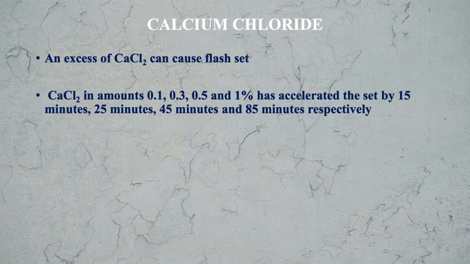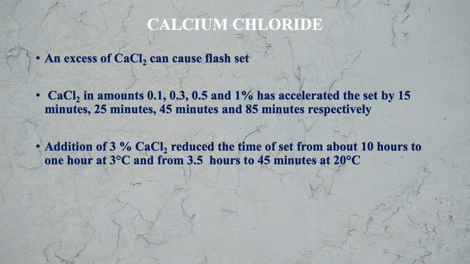Calcium chloride in amounts 0.1%, 0.3%, 0.5% and 1% has accelerated the set by 15 minutes, 25 minutes, 45 minutes and 85 minutes respectively. So this is the effect of percentage of calcium chloride on the setting of concrete.